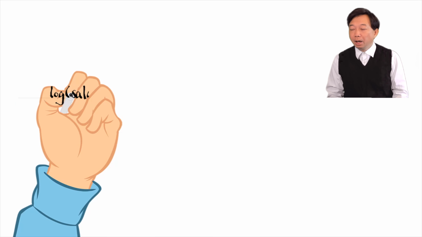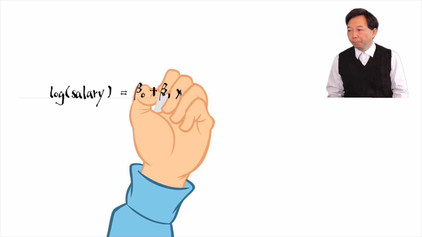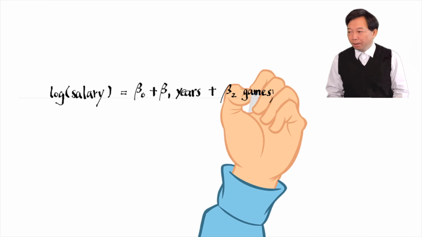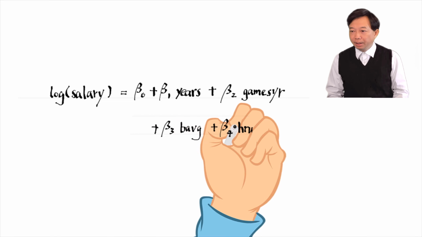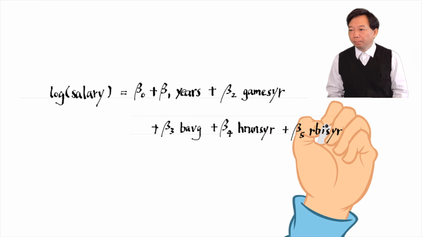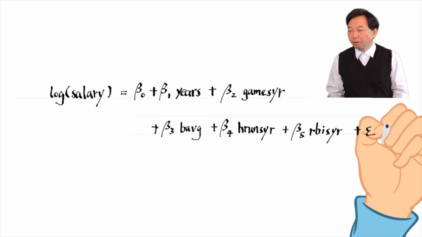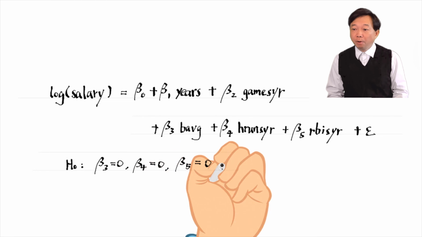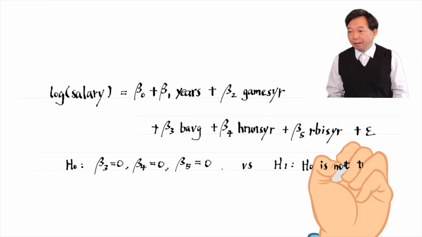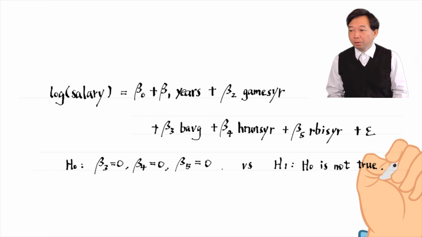Here is an example of baseball players we have used many times before. The model relates the players' salaries to their years in major leagues, the average games played by year, and 3 performance variables. The null hypothesis is that these 3 performance variables do not affect salaries once the other 2 factors have been controlled for.